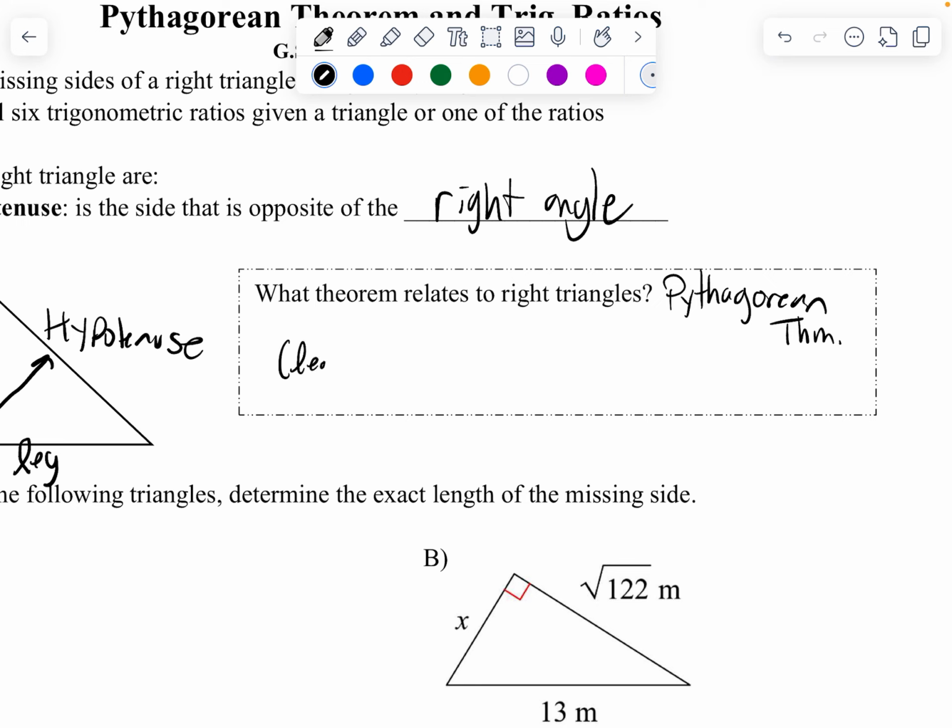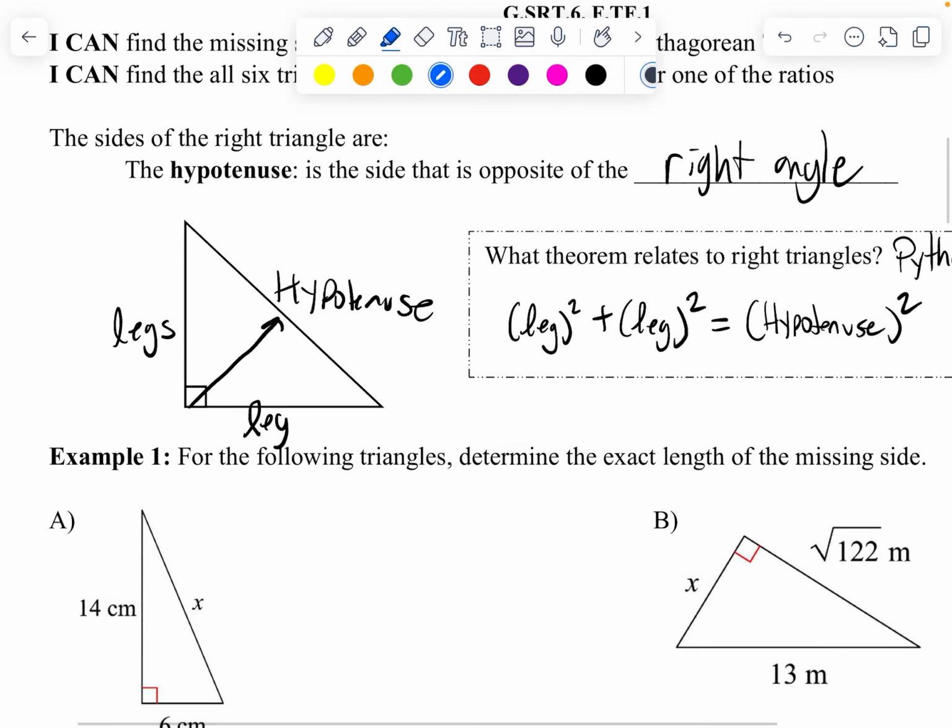So it is leg squared plus the other leg squared equals the hypotenuse squared. So what that means is that if I take the length of whatever this leg is and I square that length, add it to whatever length the other leg is squared, that length, that should be equal to whatever the hypotenuse's length is squared.